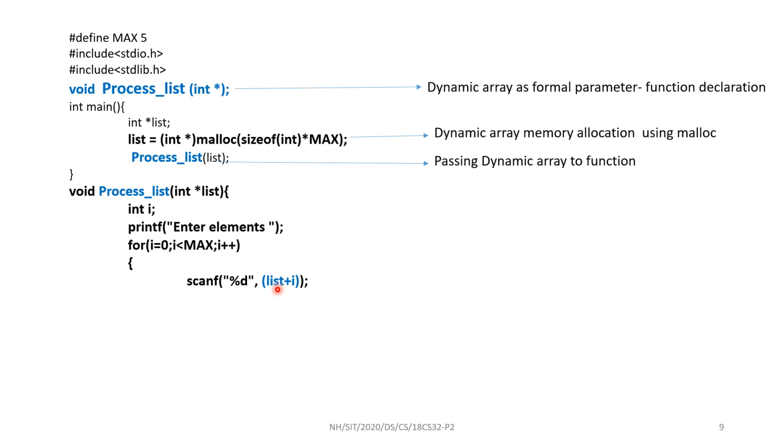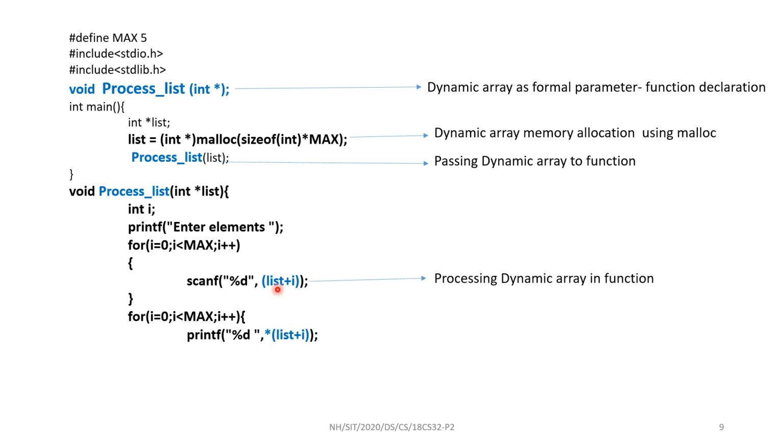In that case, the same formula, list plus i into 4, happens internally. The list value is 2000 plus the i value 1, 1 into 4, gives 2004. In that location, the second data item is copied.